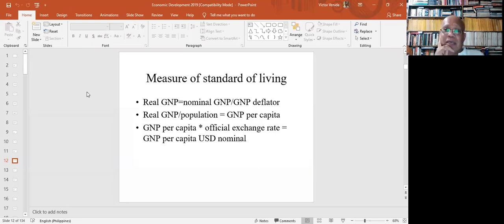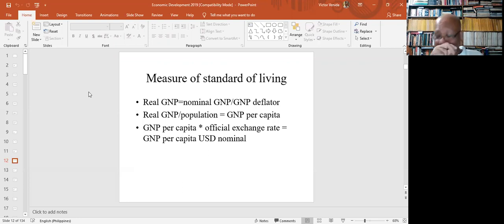The GNP data that uses the prices of that given year is called your nominal GNP. In the Philippine Statistics Authority website, they would call it the GNP at current prices.